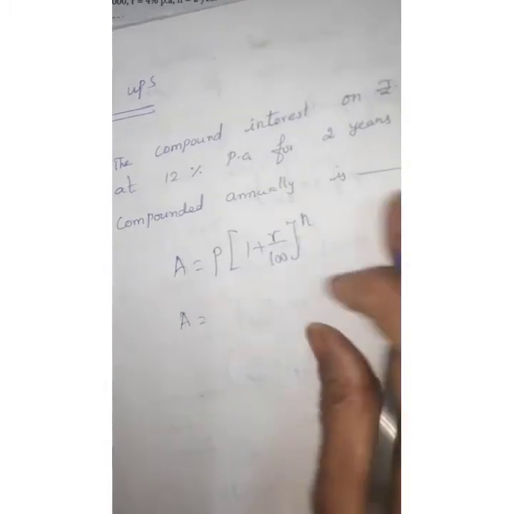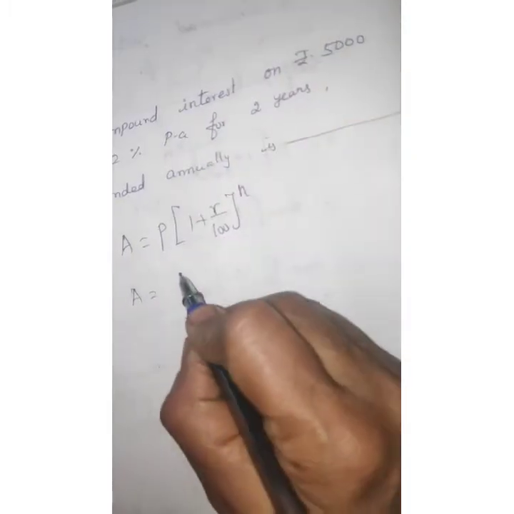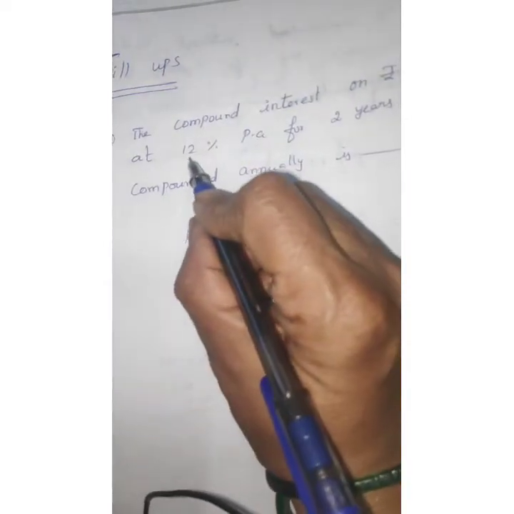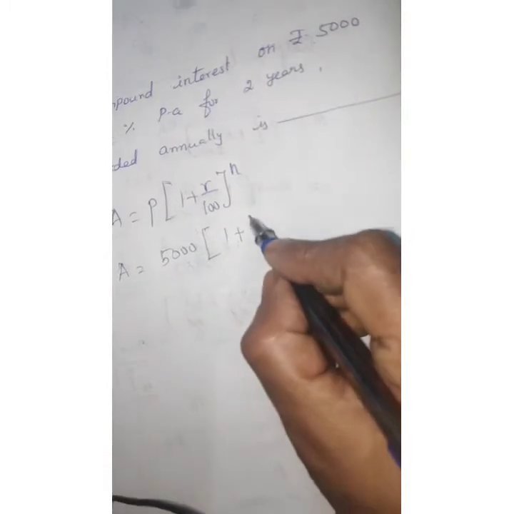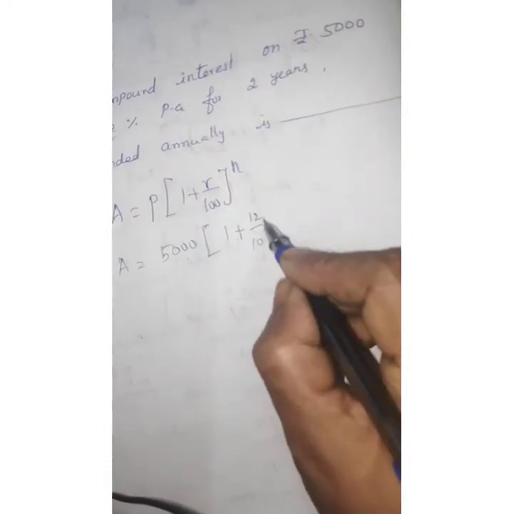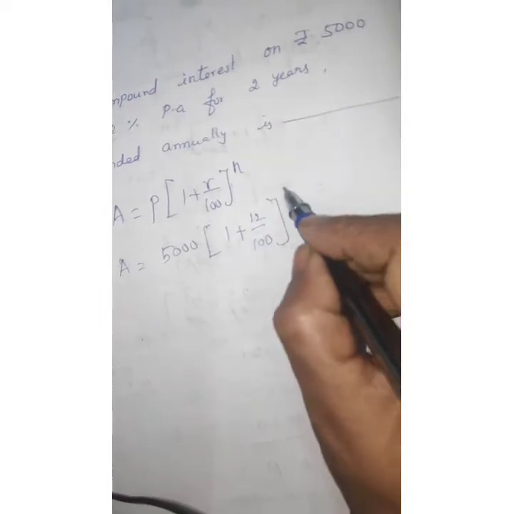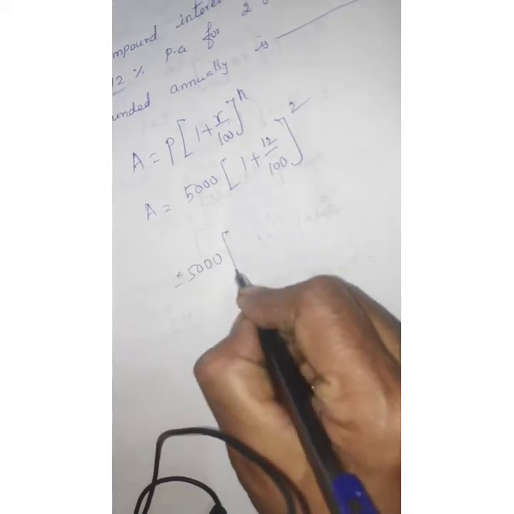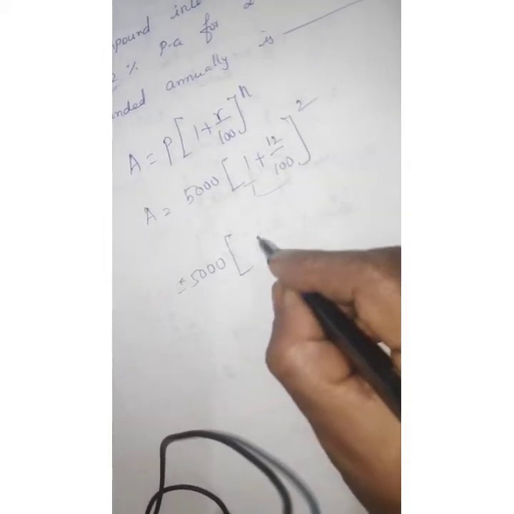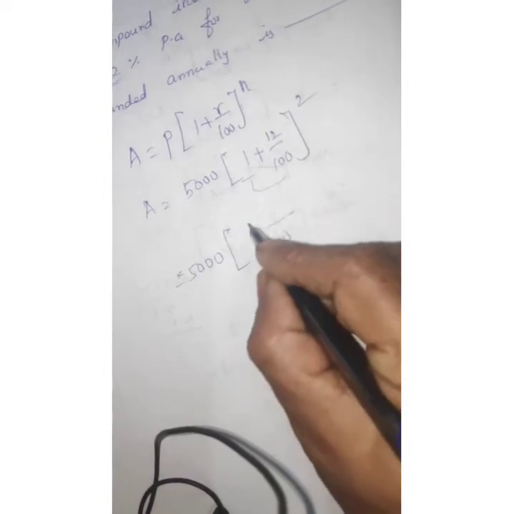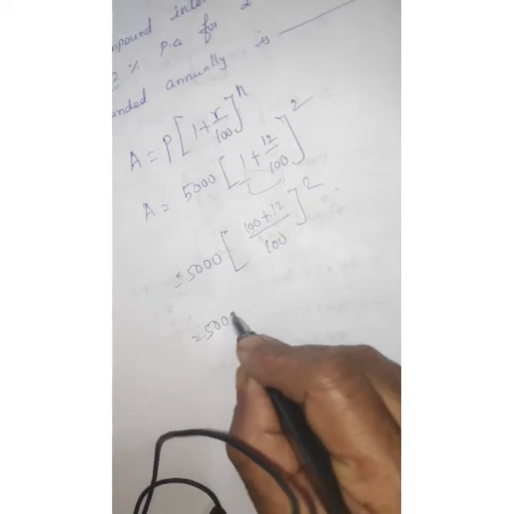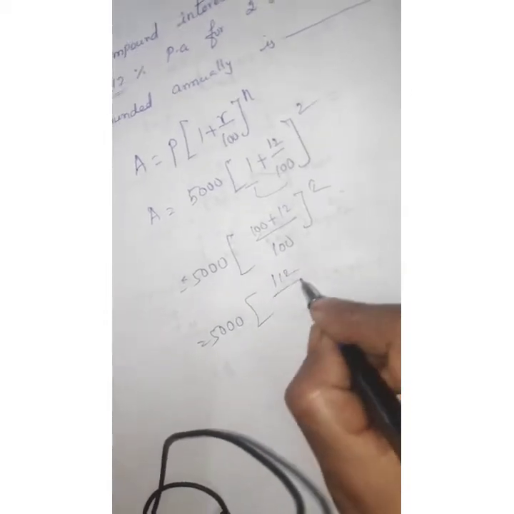A equal to P value equal to 5,000, start the bracket, 1 plus R value equal to rate of interest, R equal to 12 divided by 100 whole power N. N equal to what is the year given? 2 years. 5,000, do the cross multiplication. 100 is 100, 100 is 100, plus 12 whole squared. 5,000 into 100 plus 12 equal to 112 divided by 100 whole squared.